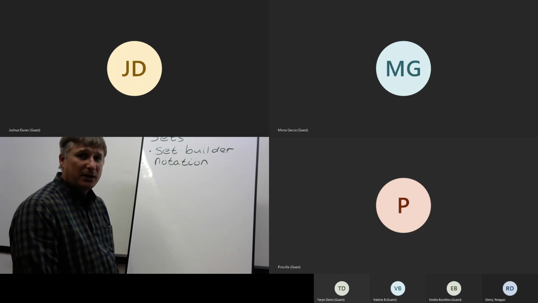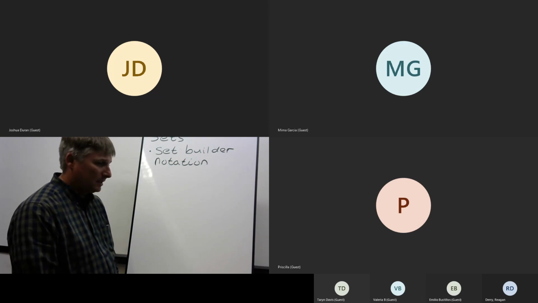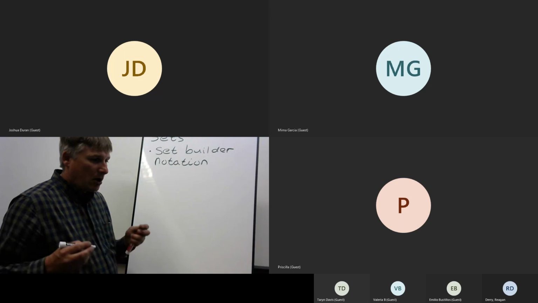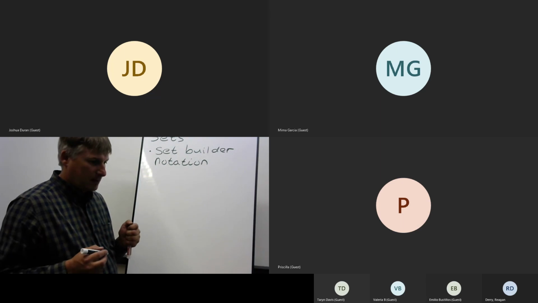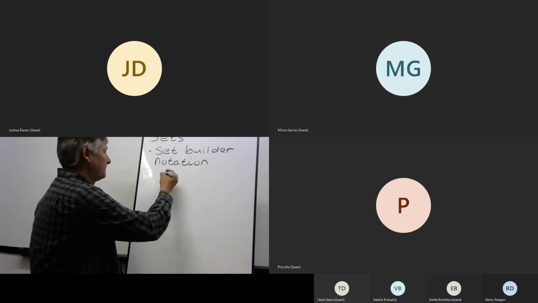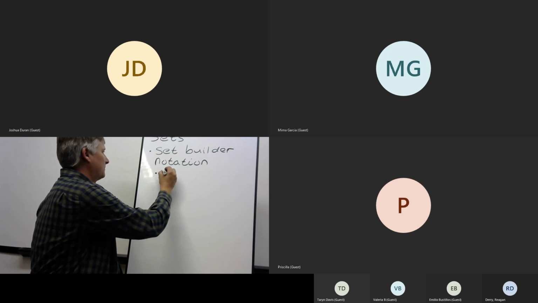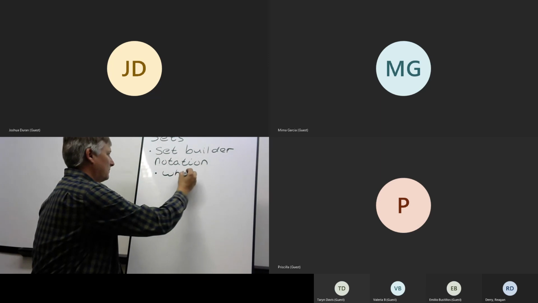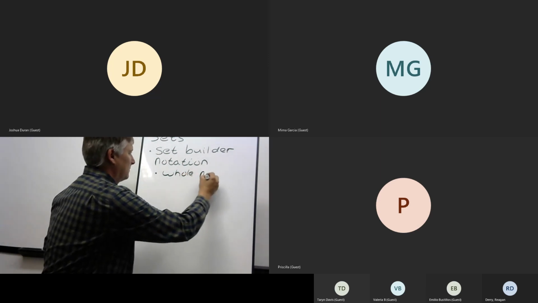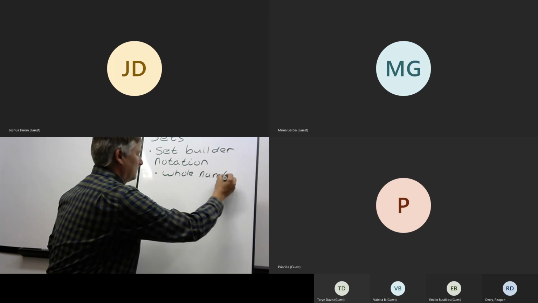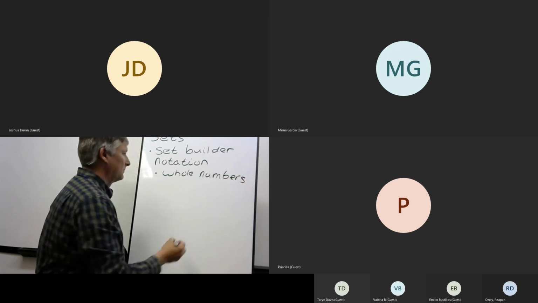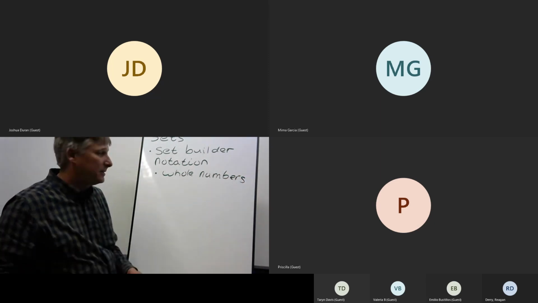But set builder notation works like this. Let's say I want all the whole numbers, but from 1 to 10. Let's say between 1 and 10.